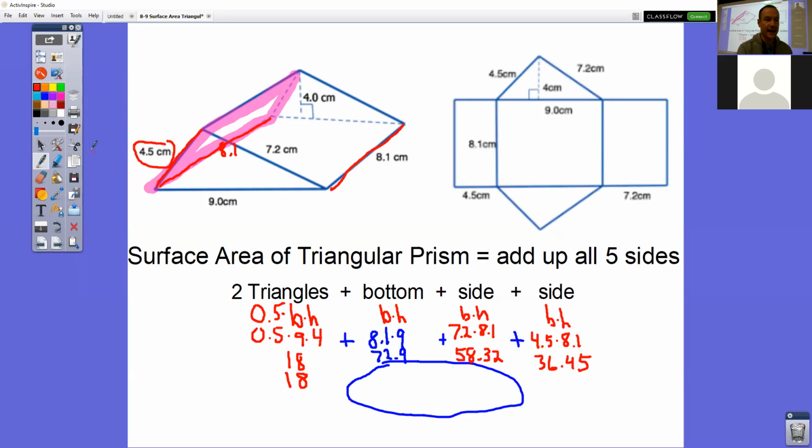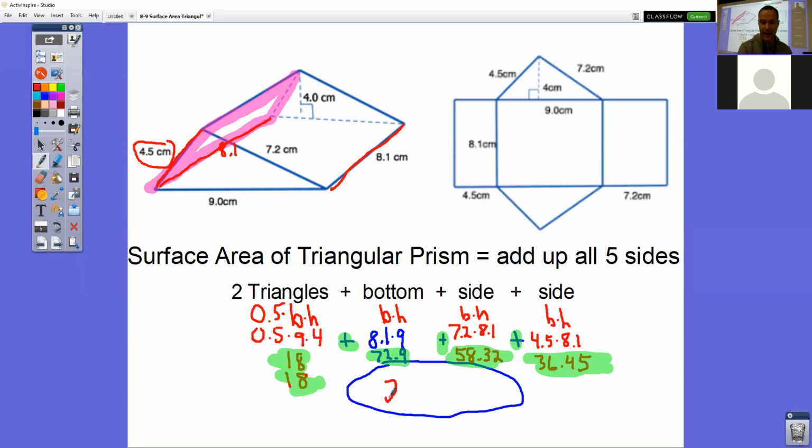Now you want to take and add together all 5 of those sides. You have an 18 and 18 plus 72.9 plus 58.32 plus 36.45. So you want to take and add together all 5 of those numbers.